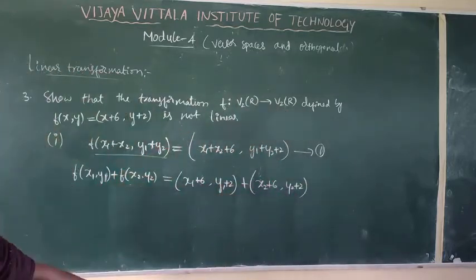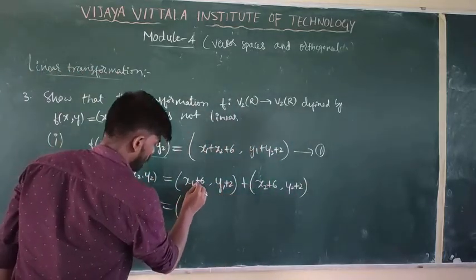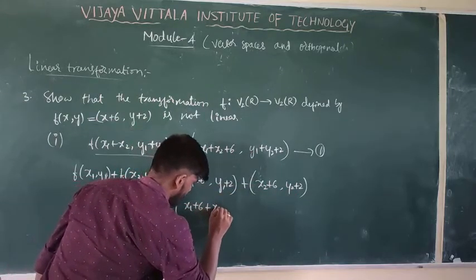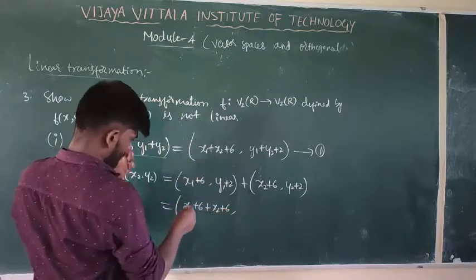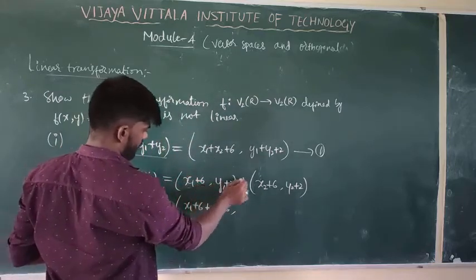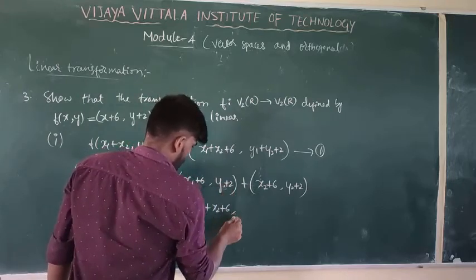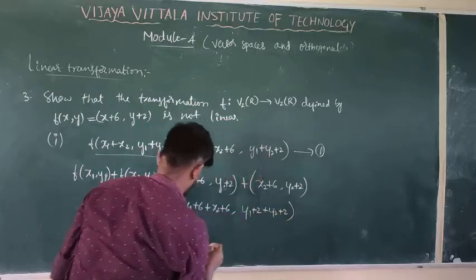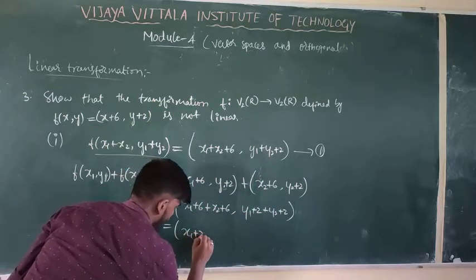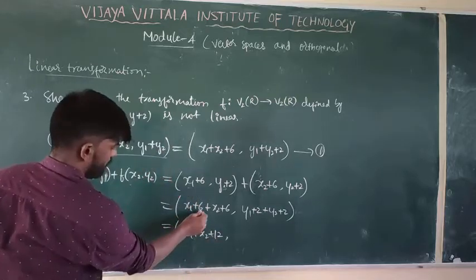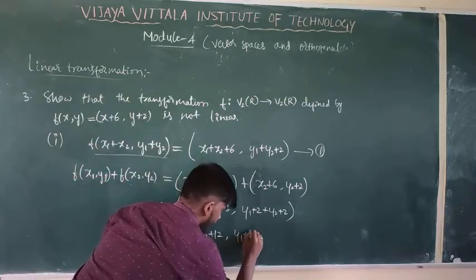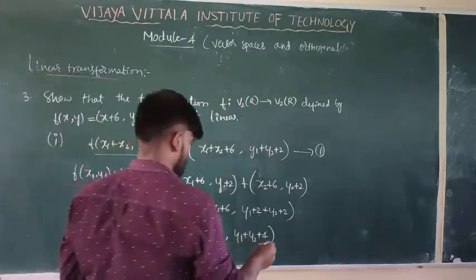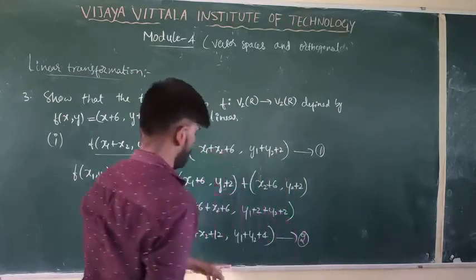Adding these two, corresponding first element with first element, we get (x1 plus 6 plus x2 plus 6, y1 plus 2 plus y2 plus 2). We get (x1 plus x2 plus 12, y1 plus y2 plus 4). Call this equation 2.